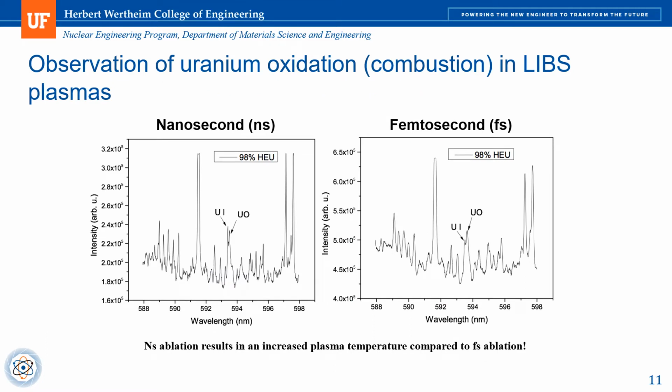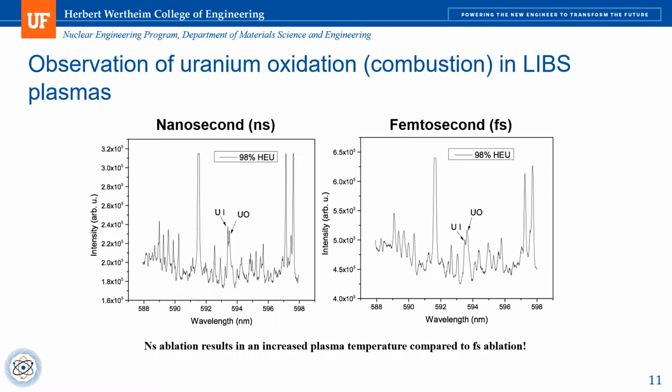Like I said, we had several laser sources available to us, and so we looked at nanosecond and femtosecond laser ablation of uranium metals to see the difference in the spectra. Generally, the nanosecond plasma resulted in a higher temperature plasma, and at the delay time studied, a little bit narrower spectra.